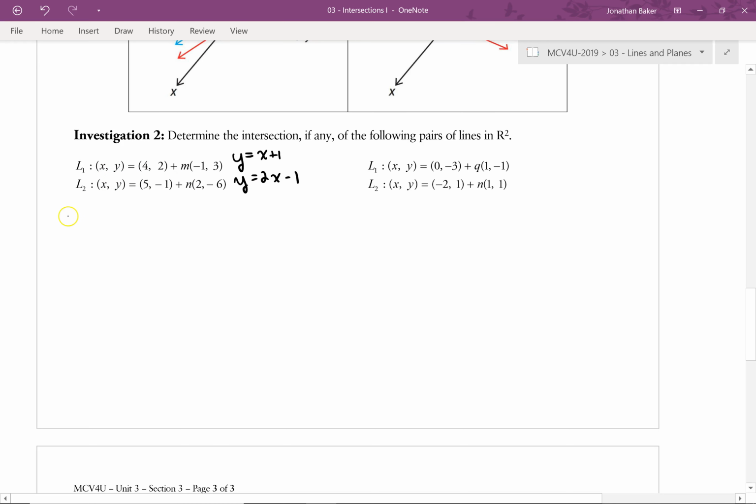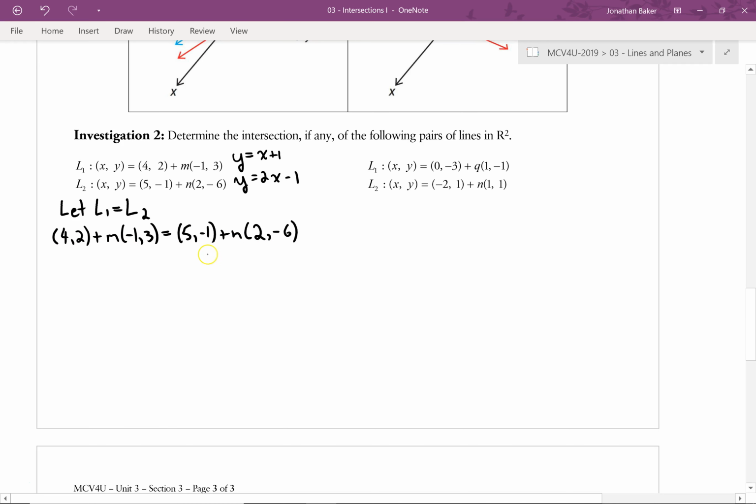Watch. What we can do is say let line 1 equal line 2. Then we can take our vector equation (4, 2) plus m times (negative 1, 3) and equate that with (5, negative 1) plus n times (2, negative 6). And we can solve this because we have a bunch of components whose values we can add up.